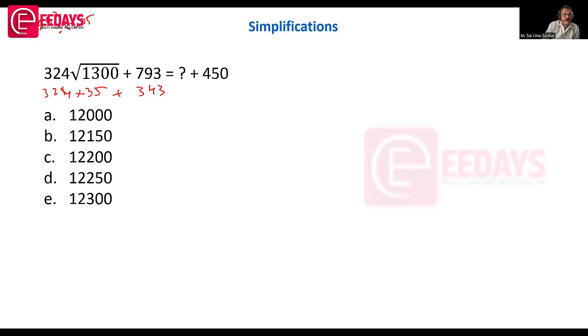Suppose this is 35 into 343, 35 into 4 is 140, 35 into 7 is 245 plus 14, 84, 105 plus 8, 1 1 3. And this is equal to how much? This is 11683. Nearest value is 12,000.